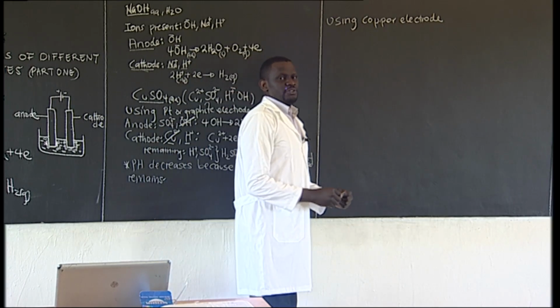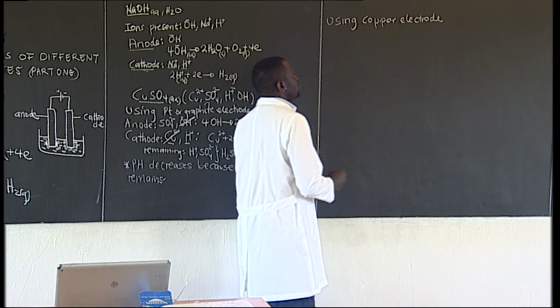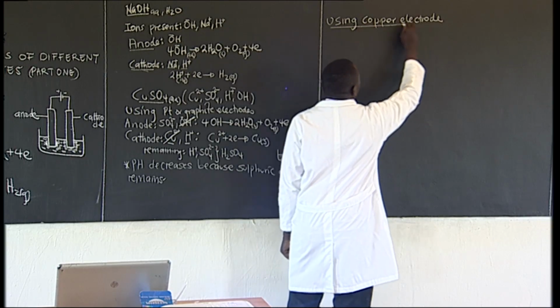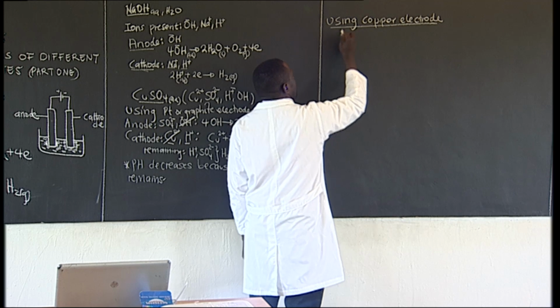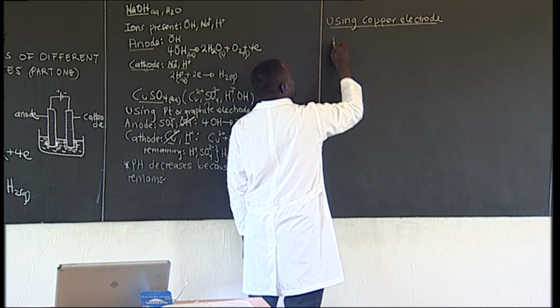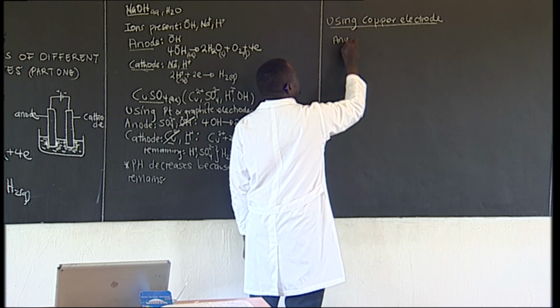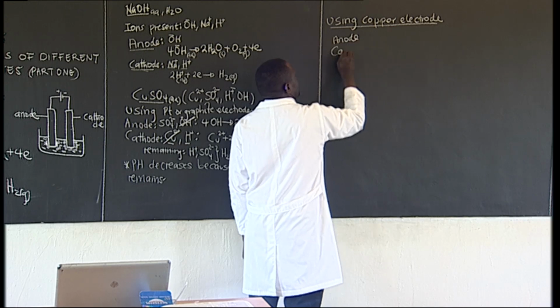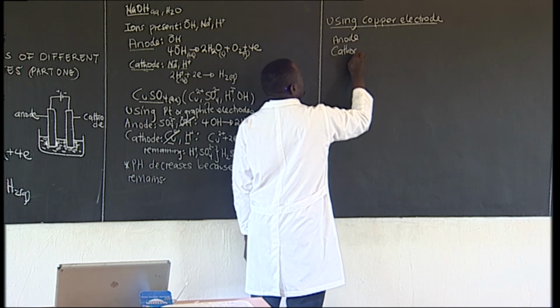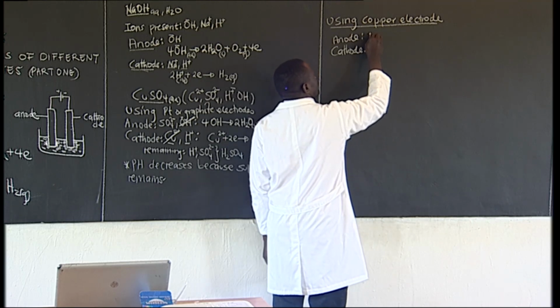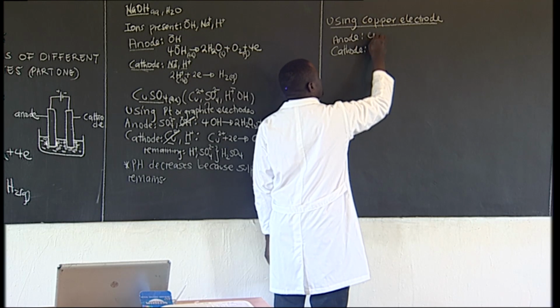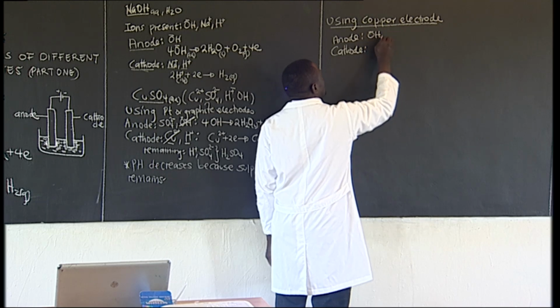Using copper electrodes, you can see on your screen, we have a simple illustration. We already know the ions, so we can say what happens at the anode and what happens at the cathode. At the anode, we have both. What do we have? We have OH- and sulfate.